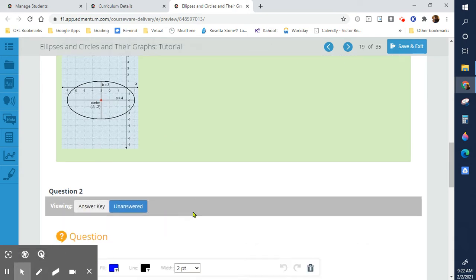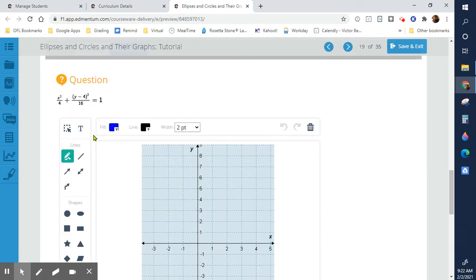So let's take a look at this one. So if I look here, first I'm going to identify my center. And my center in this case is going to be a 0 for the x because I don't have an h here, and 4 for the y. And then if I look here, this is going to be a vertical ellipse.